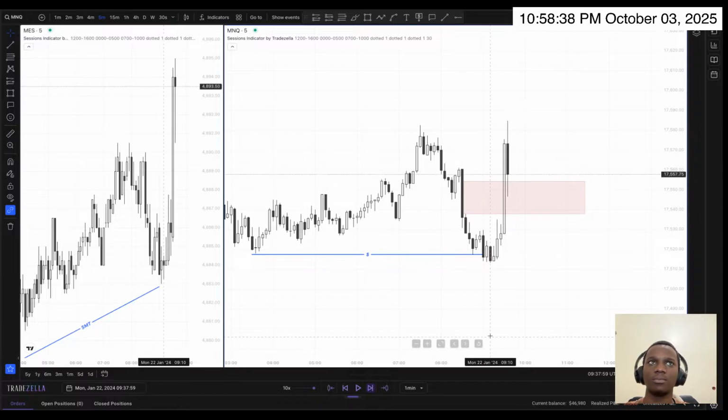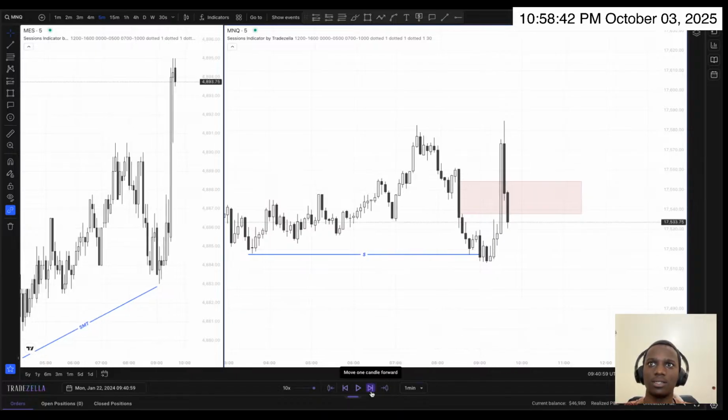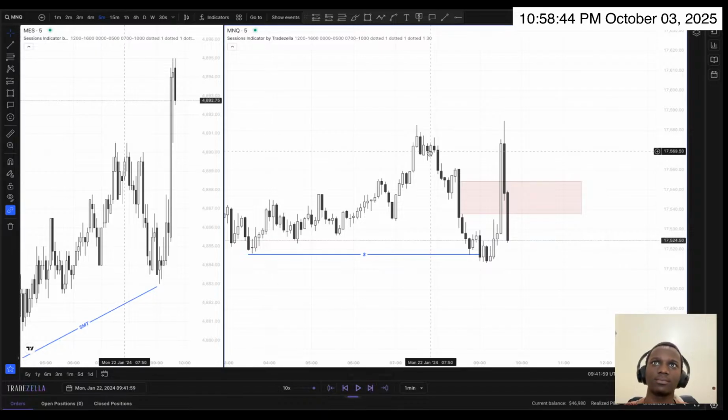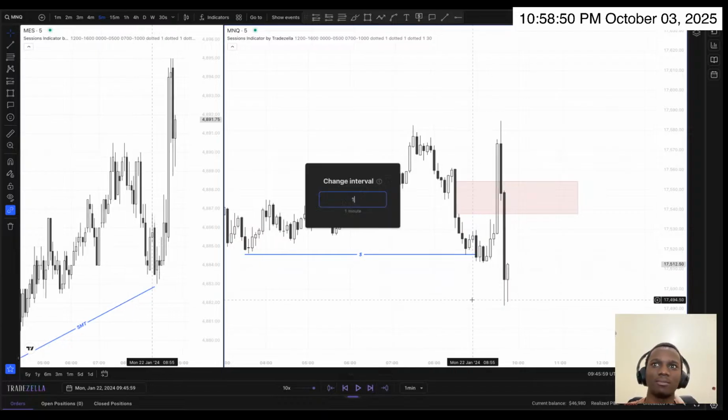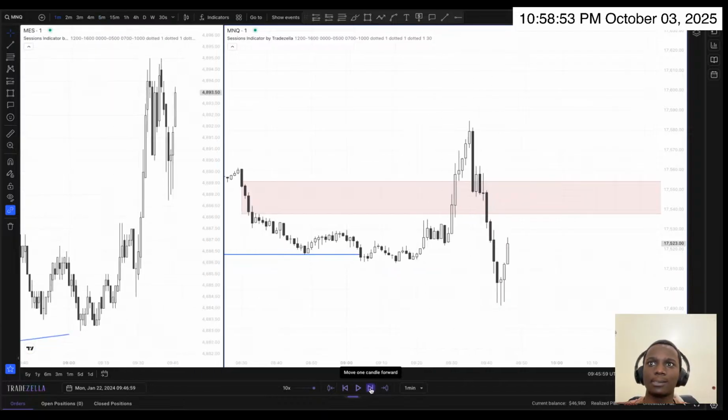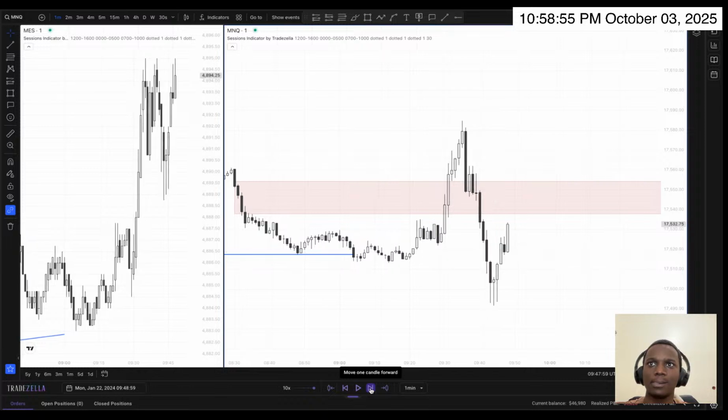And then we'll drop like some kind of retracement, and now let's first do another drop here. Now we have a better SMT. Can figure out the 1-to-1 inside here.